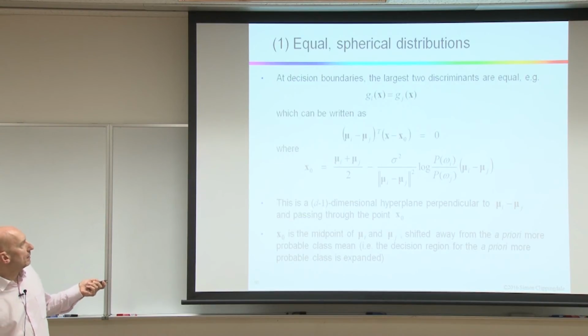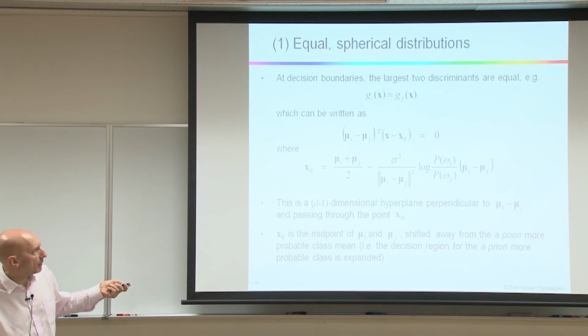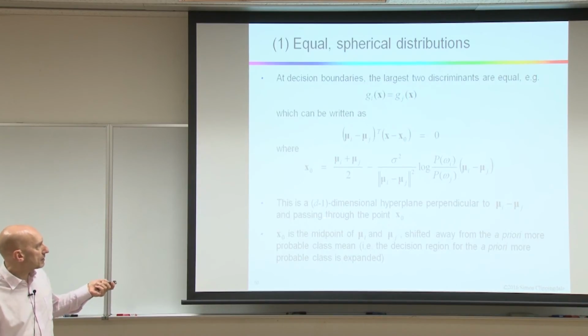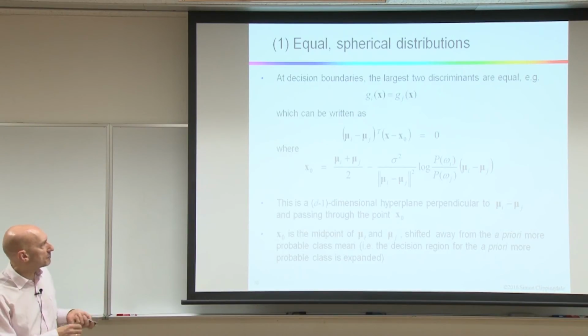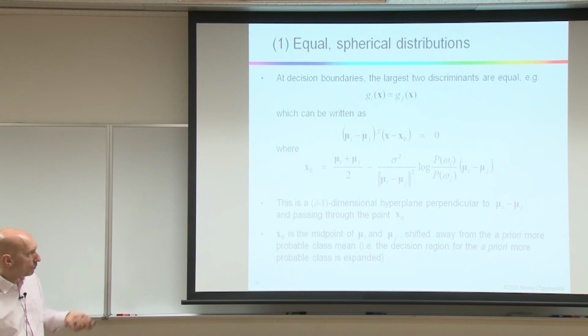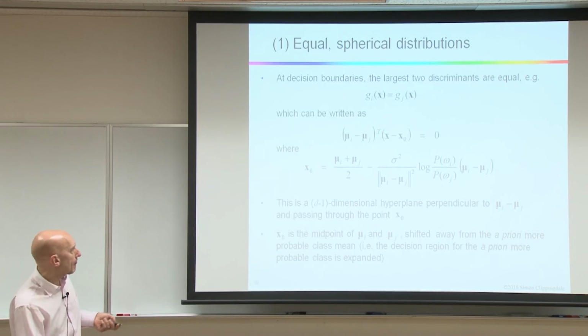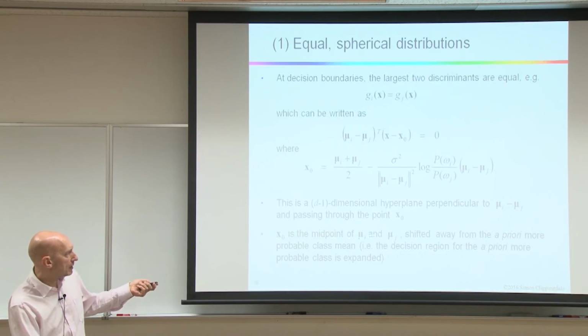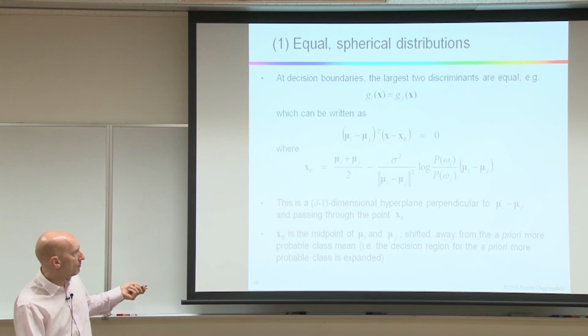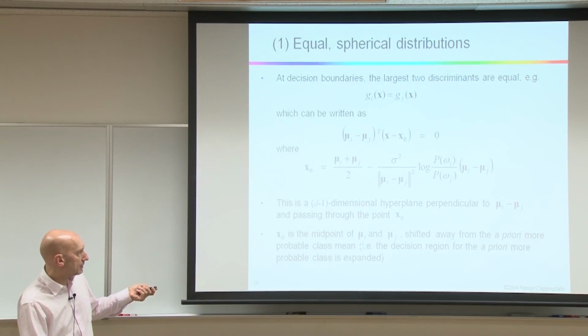So if we're in d dimensions, it's a d minus 1 dimensional hyperplane passing through this point that's halfway between the class means shifted according to which class is more likely. So x0 is the midpoint of the two class means shifted away from the more probable class.